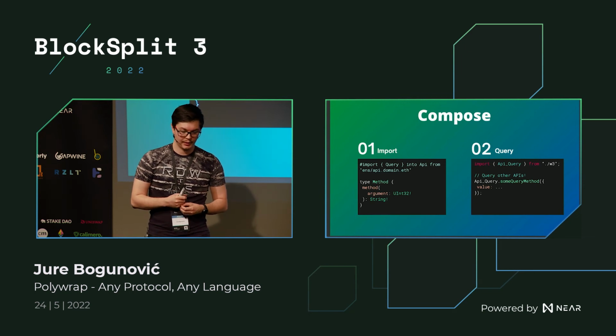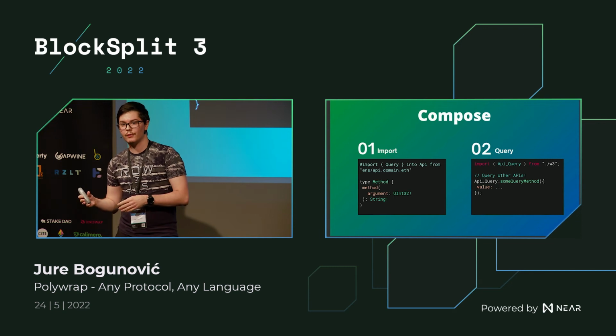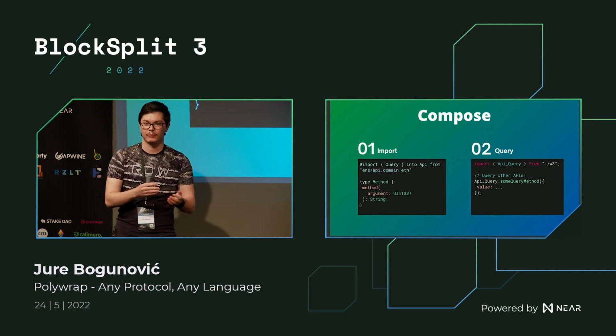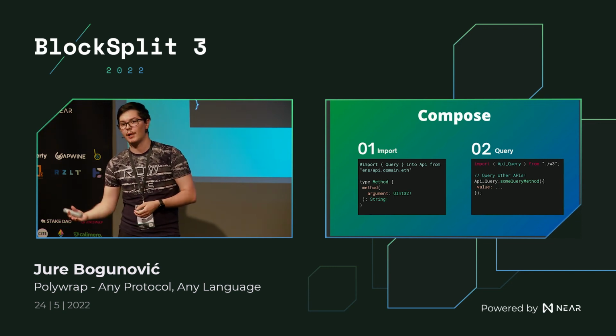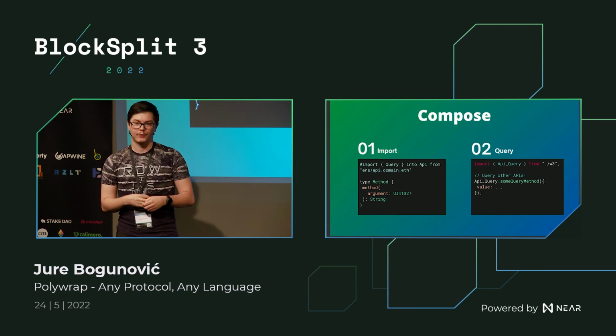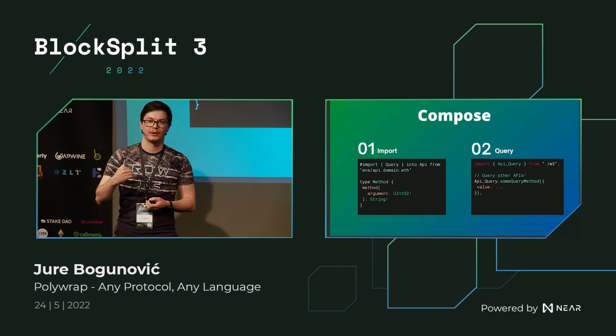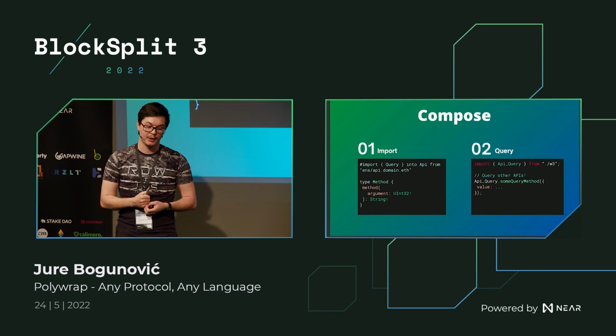This slide shows you how to actually call another wrapper from your wrapper. So I showed you earlier how you could call into a wrapper from the client, so from your app. But from a wrapper, you would first need to import that third-party wrapper into your own wrapper. So you do that in the schema.